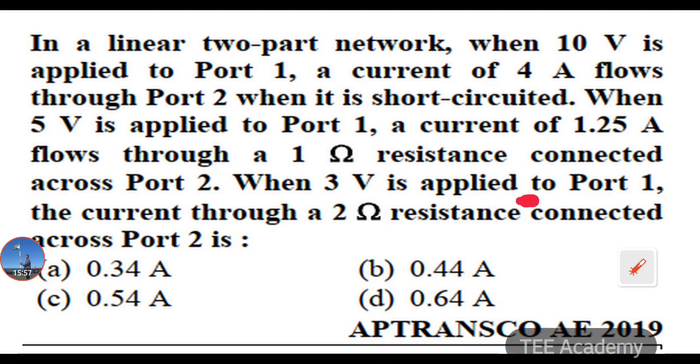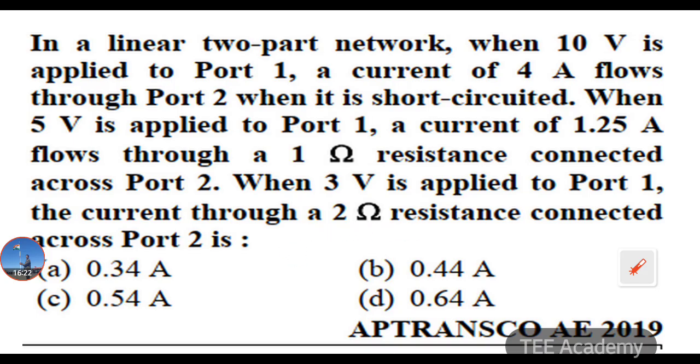When 3 volts is applied to port 1, what is the current through the 2 ohm resistor connected to port 2? So there are three conditions given. The first condition is at port 1, apply 10 volts, 4 amps current flowing, short circuit. Second case, when 5 volts is applied at port 1, 1.25 amps is flowing and the load resistance is 1 ohm. Third case, 3 volts applied at port 1, 2 ohm resistance at the load, and what will be the current here.